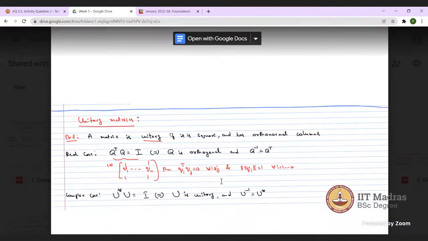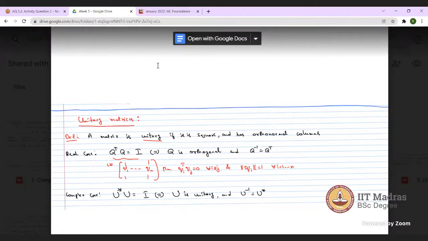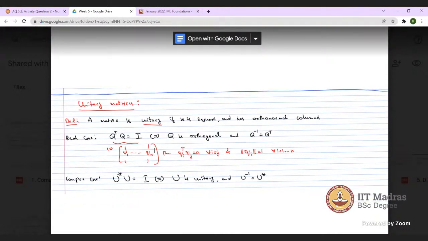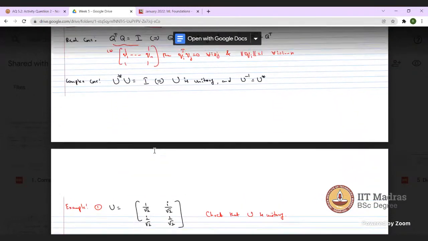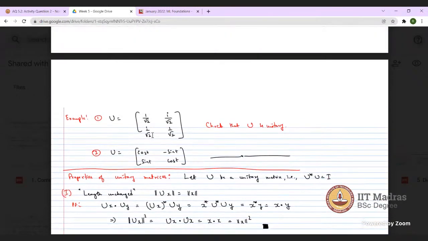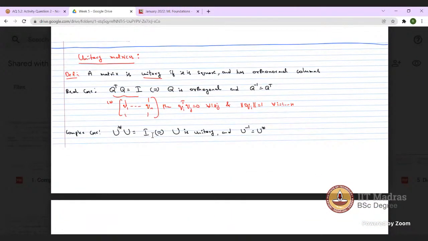So these unitary matrices are similar to orthogonal matrices. All right. So moving ahead. If a matrix is unitary, that does not mean that it is Hermitian, and the converse is also not true.